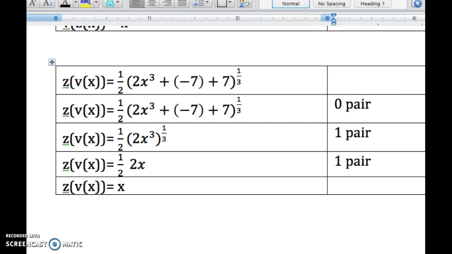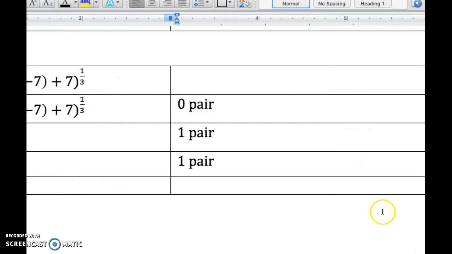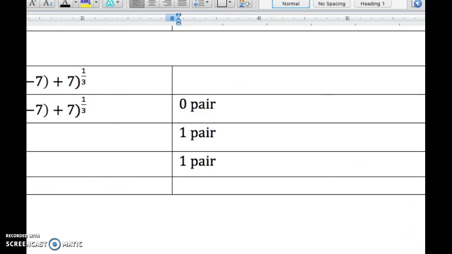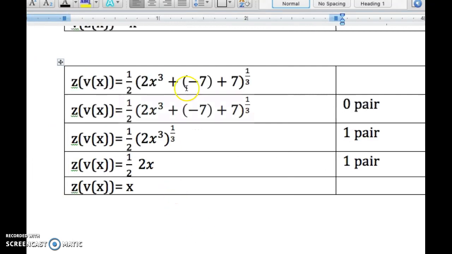And again, looking for my 0 pairs, I have the negative 7 plus 7, which is a 0 pair.